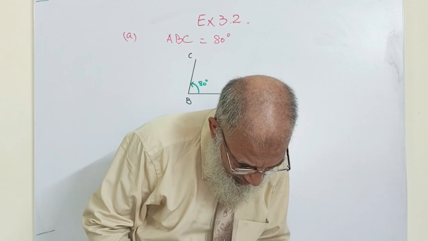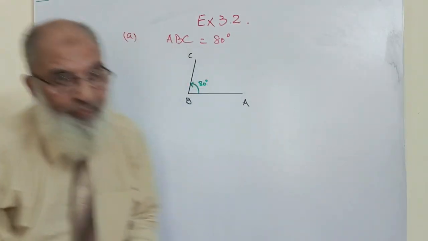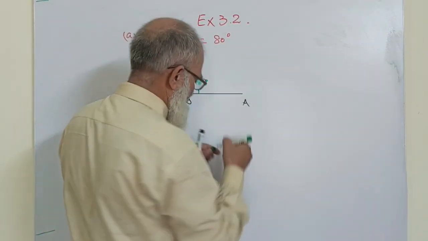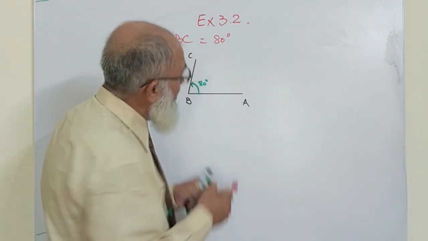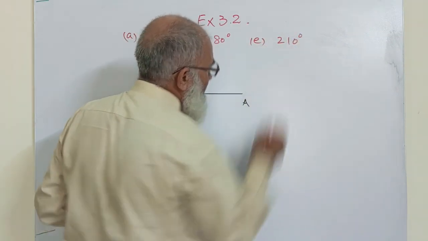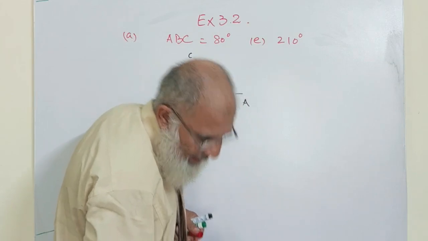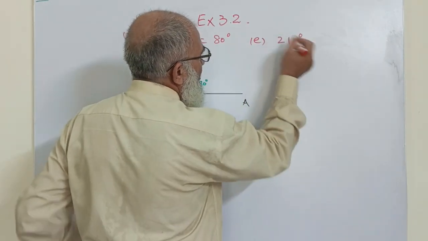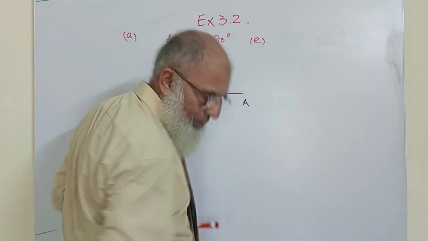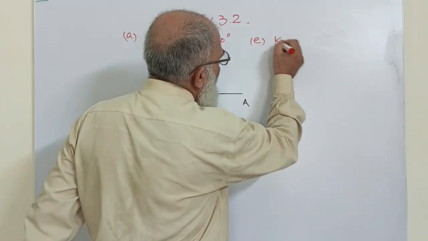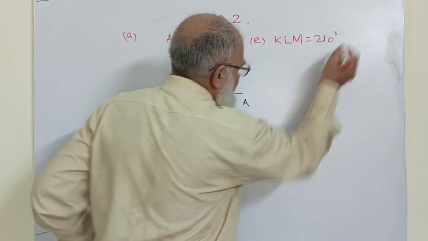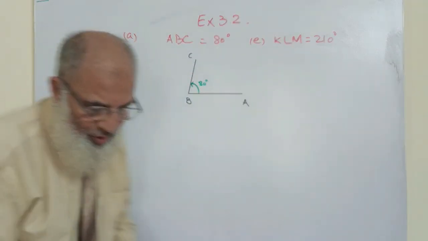Question E. E is 210 degrees, and the measure is angle KLM. In fact, it should be written like this: angle KLM is equal to 210 degrees. So the procedure is the same over here.